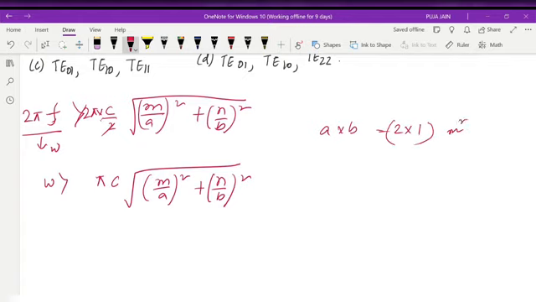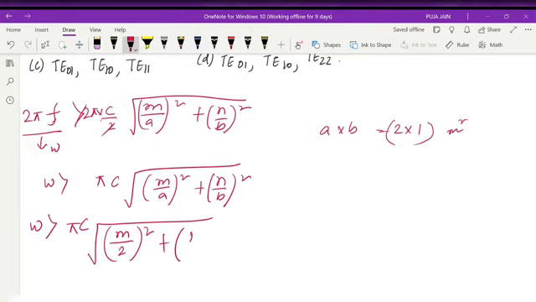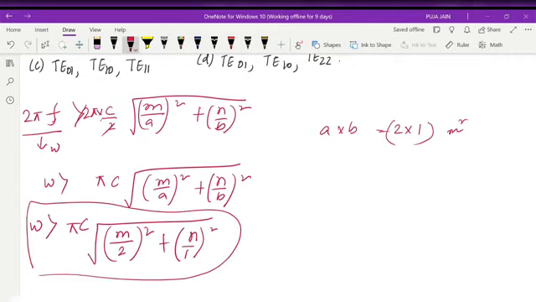So pi c root of (m by 2) square plus n square, as b is 1. Now we have to see such values of omega by substituting the values of m and n, that omega must be greater than pi c and this calculated value.